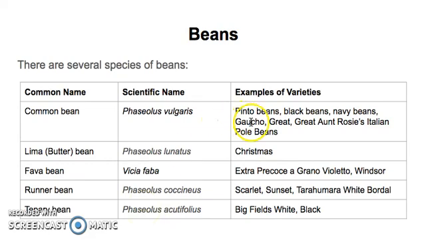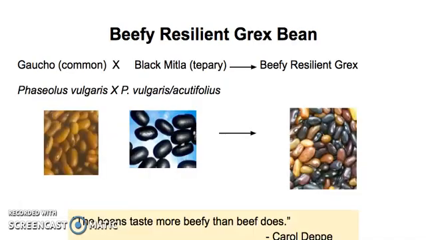However, she noticed that her gold Gaucho beans, which is a common bean, and her black Mitla tepary bean actually came out with some black seeds the first year. And she's like, whoa, something happened. So she noticed that the beans had crossed.